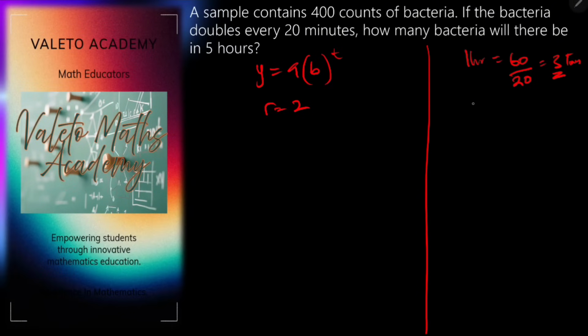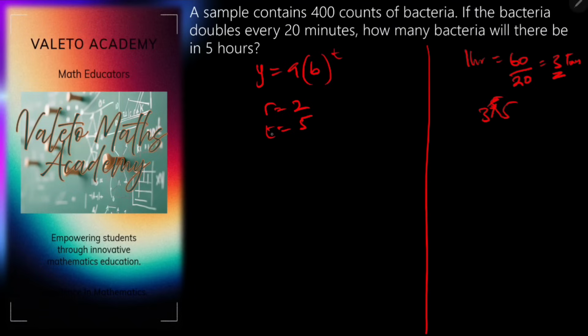And they want us to know how many bacteria will be there after 5 hours. So what we're going to have in 5 hours will now be 3 times 5, not 3 raised to power 5, times 5 hours. So the equation now, the time is 5 hours.